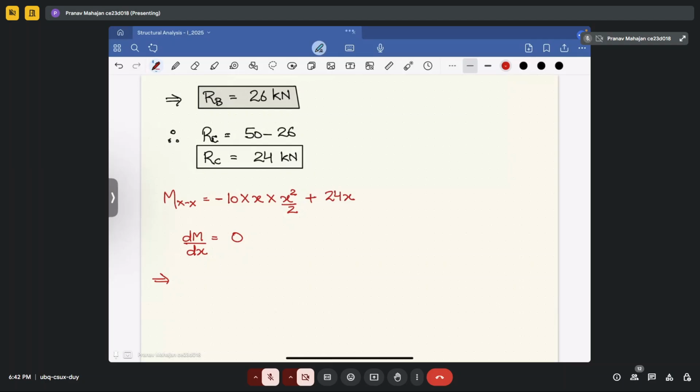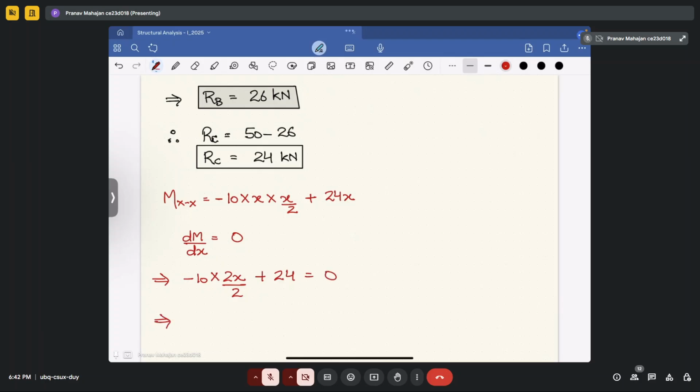when we take differential with respect to x equal to 0. This will give you minus 10 into 2x upon 2 plus 24 equal to 0.